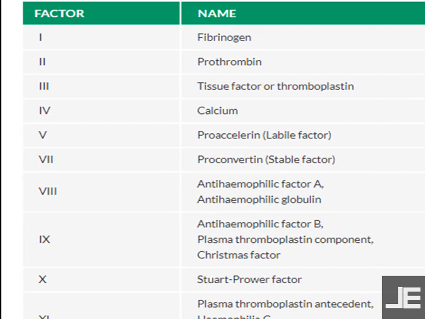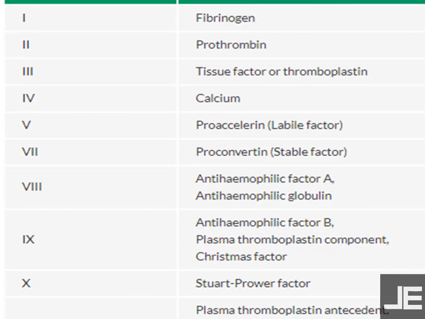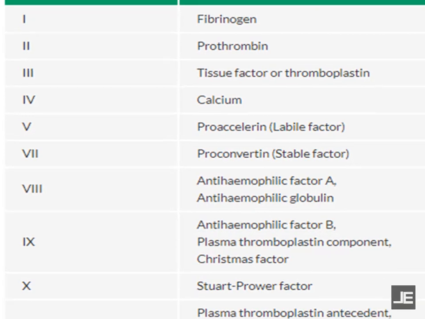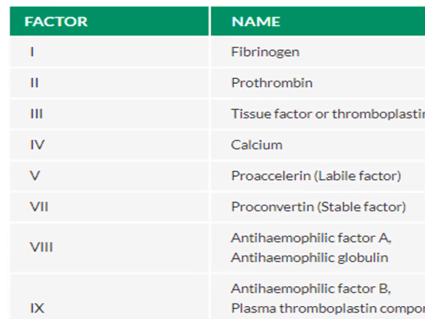And now it gets even easier. The fifth clotting factor is similar to the seventh, because they have something in common: they both start with pro. How do you remember them? Proaccelerin is the fifth. I know there's no 6, so there's 7.